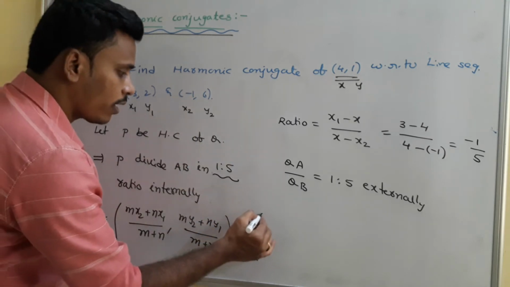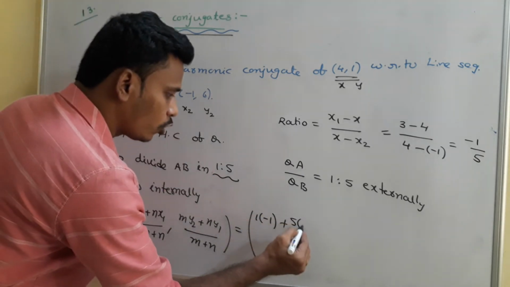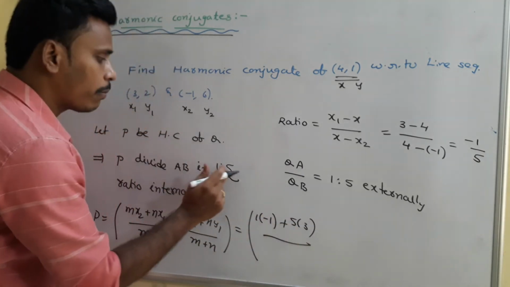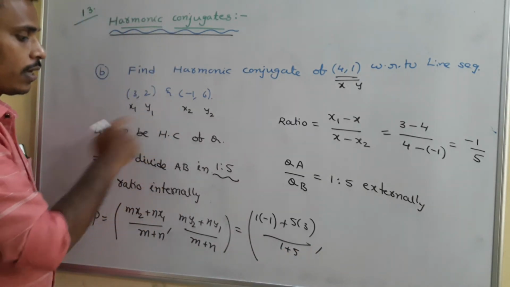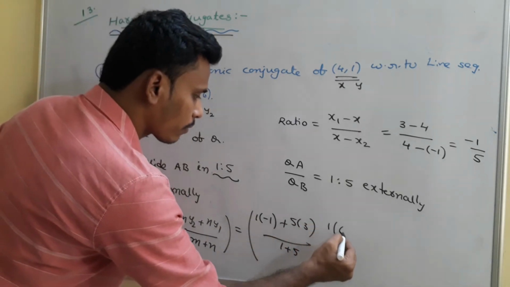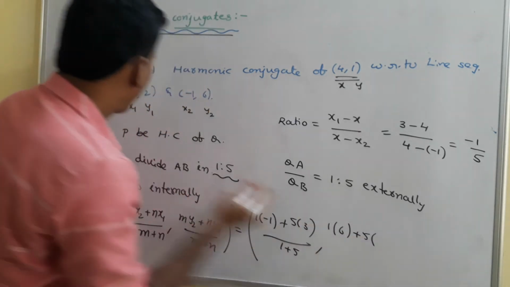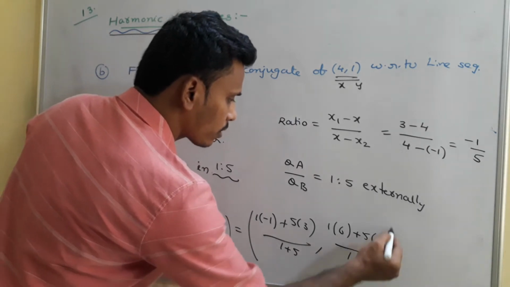mx2, so 1 into minus 1 plus nx1, 5 into 3, divided by m plus n, 1 plus 5, comma, then my2, m is 1, 1 into 6 plus ny1, 5 into 2, divided by 1 plus 5.